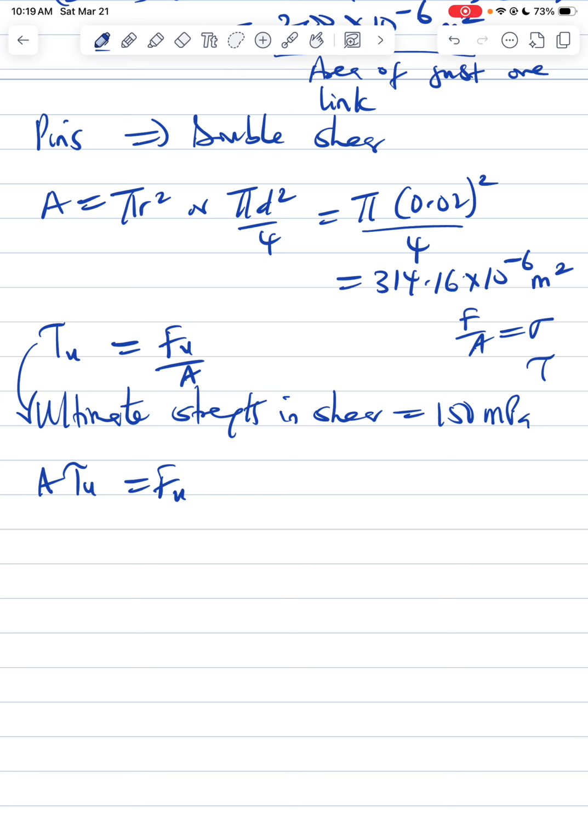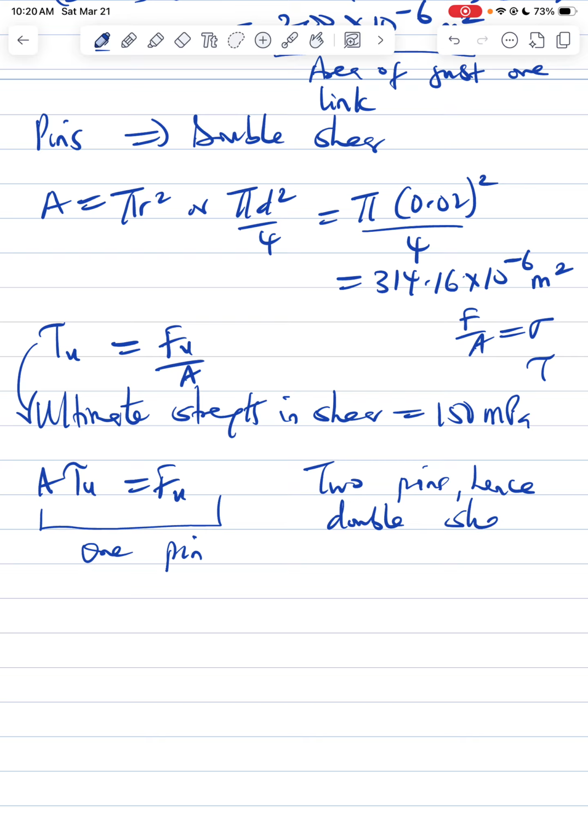Now remember, this expression is correct if it's one pin. Here we have two pins, hence double shear. That's pretty important.